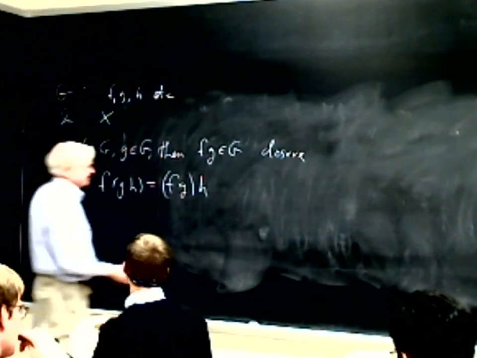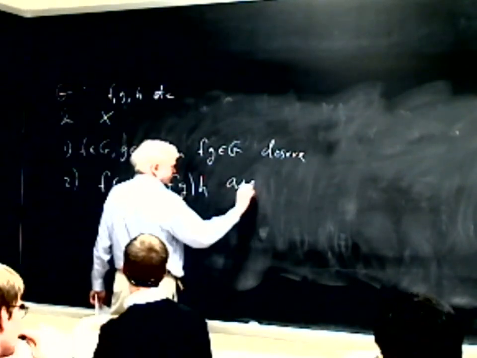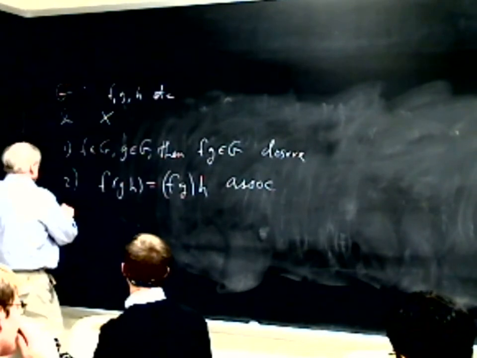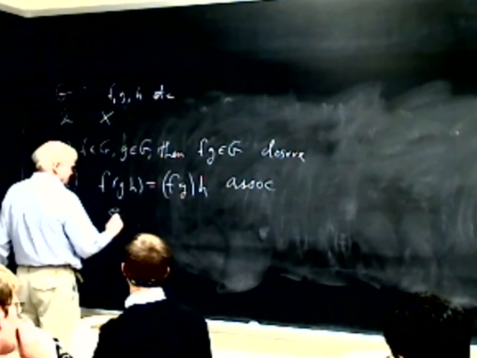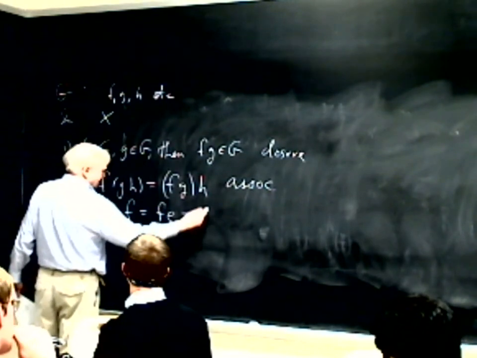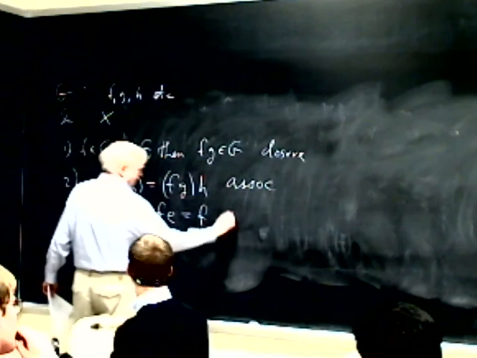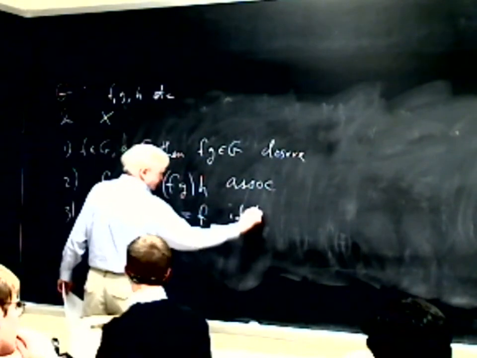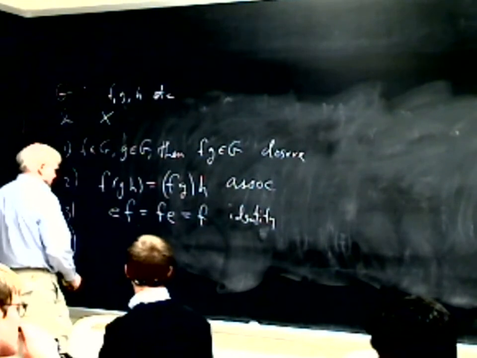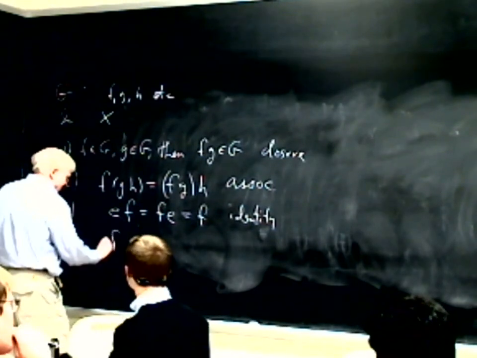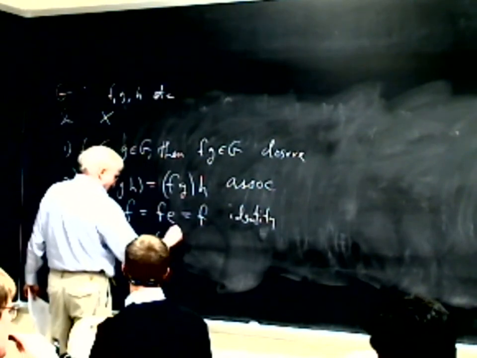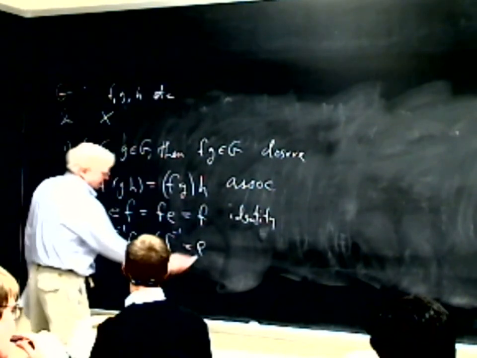It's called associativity. The third thing is that there's an identity element E in the group, such that EF equals FE equals F. And fourth, for every element in the group there is an inverse, F inverse F equals F F inverse equals the identity element.